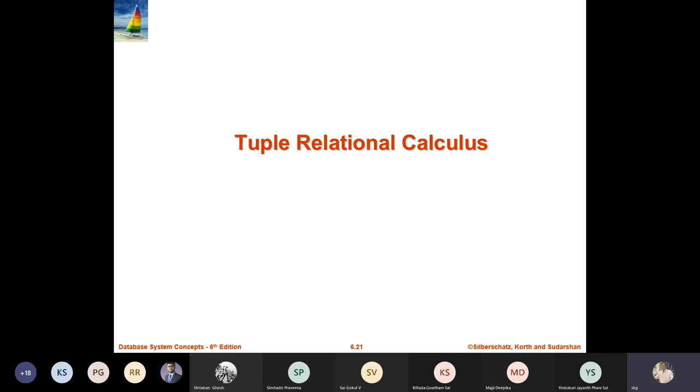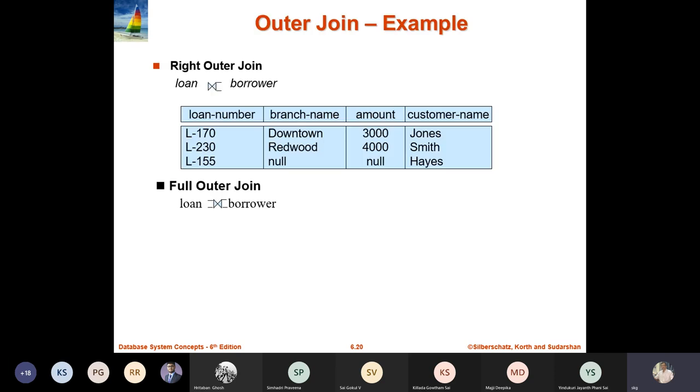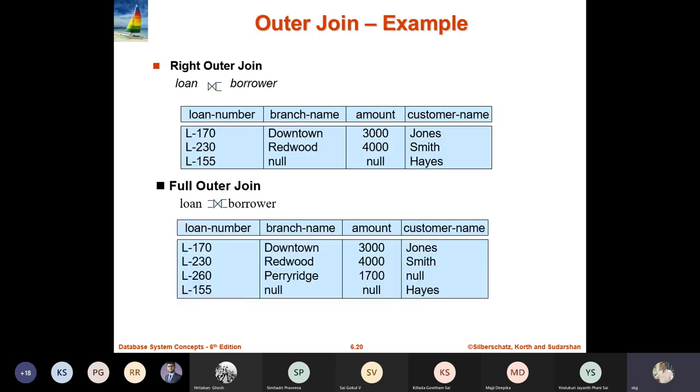These two we will take up in tomorrow's class, and these are declarative languages, whereas what we have seen here is a procedural language. Okay.